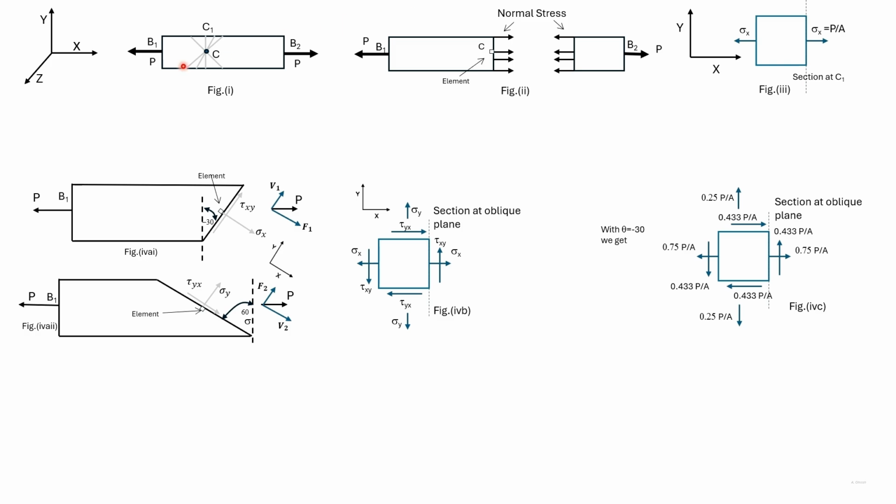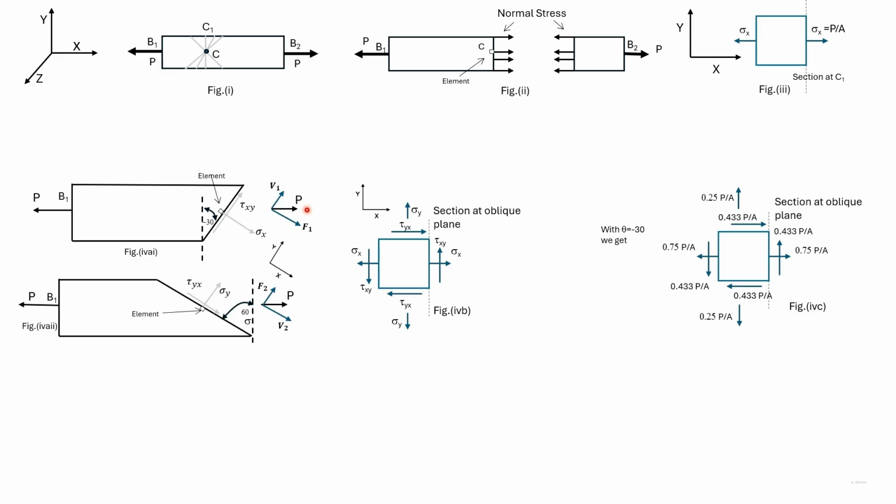Now let us consider this bar with the oblique cut. So this is the portion of the bar to the left, and this portion will be in equilibrium. So if a force P is acting here, there will be a force P acting on the right hand side.